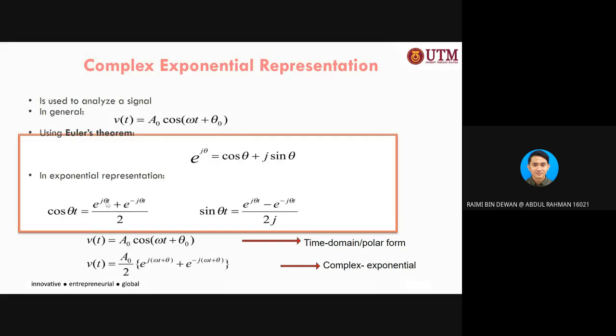Now we replace the whole part other than the j with omega t plus theta_0, and the same goes with this one, over 2. You can see here, over 2. So this is the complex exponential form.